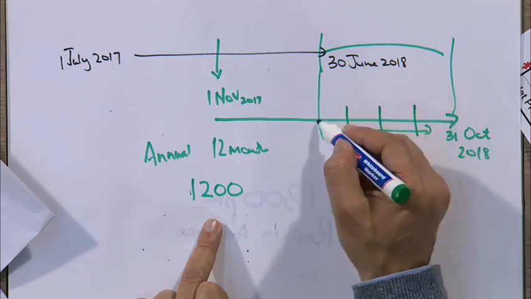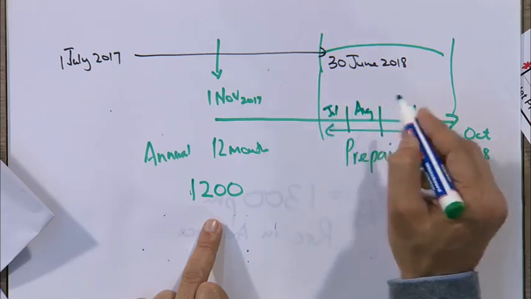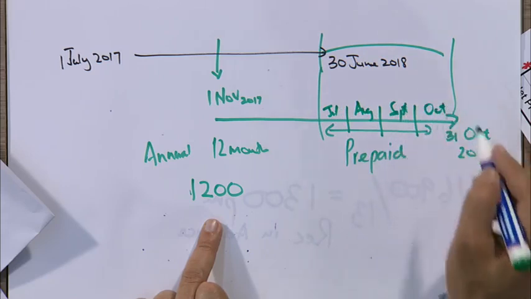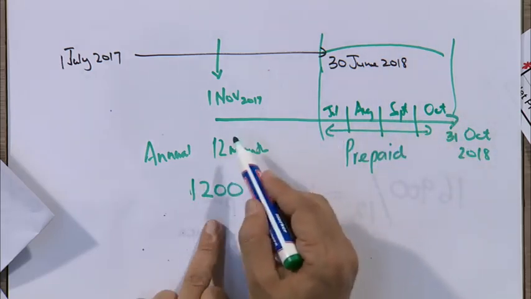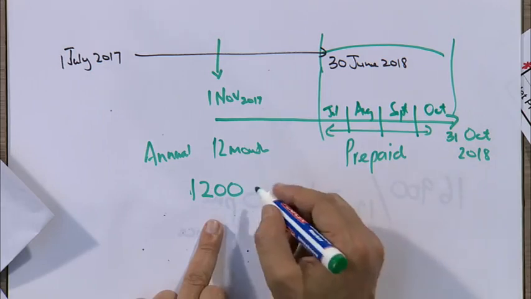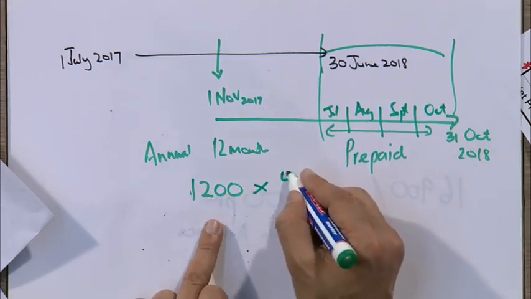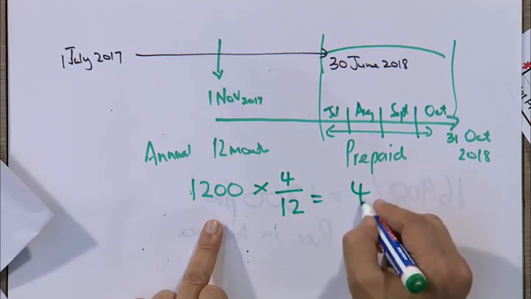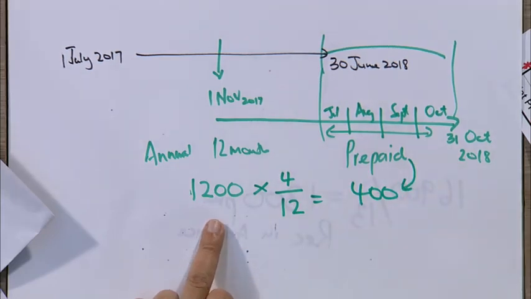So if my year ends the 30th of June, then that one is for July, that one is for August, that one is for September, and that one is for October. So 4 months of that 12 months is prepaid. So I take my 1,200 and multiply it with 4 over 12, and I'll get 400 Rand. So the amount that is prepaid is 400 Rand.